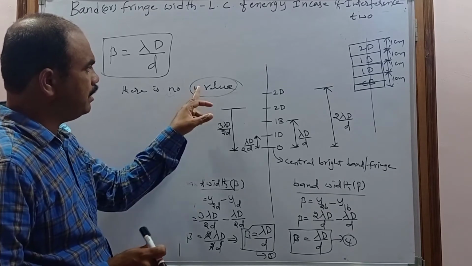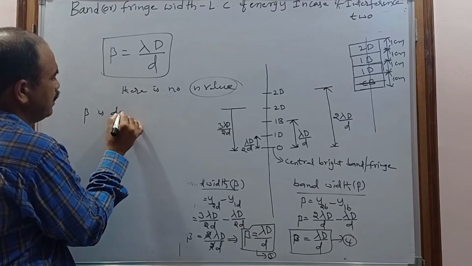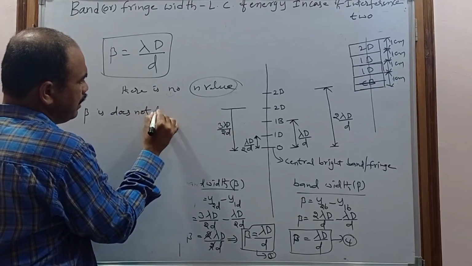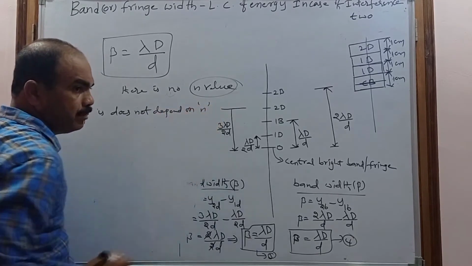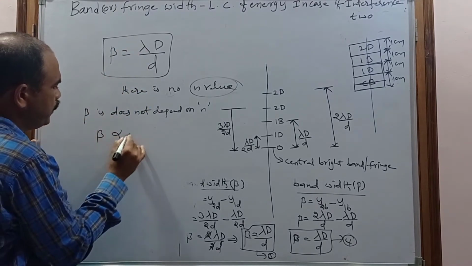Beta does not depend on the n value. n is nothing but the order.